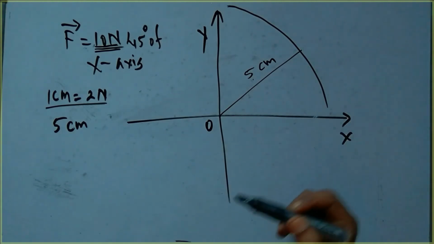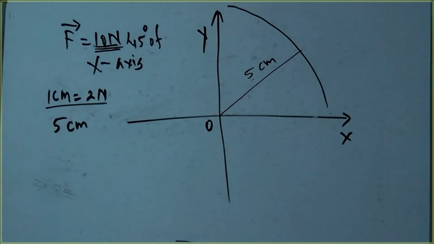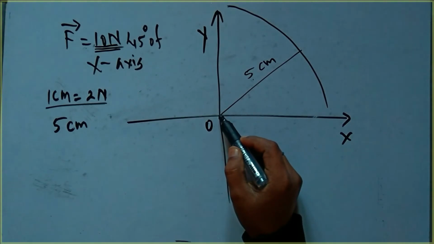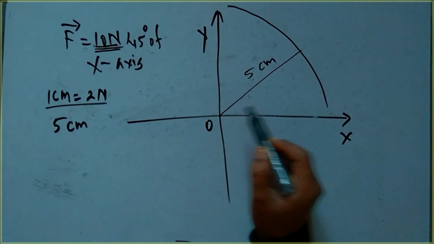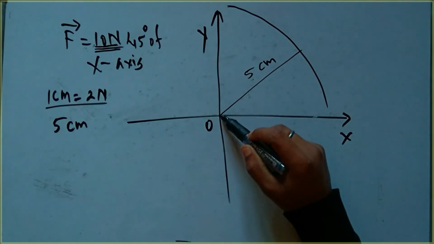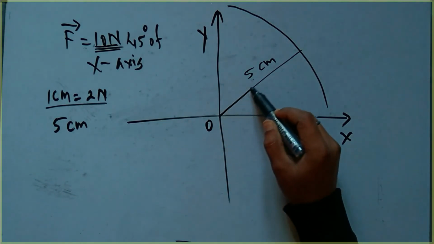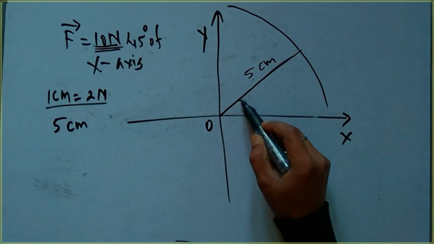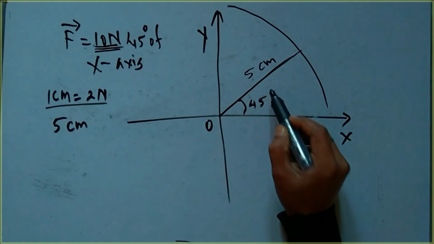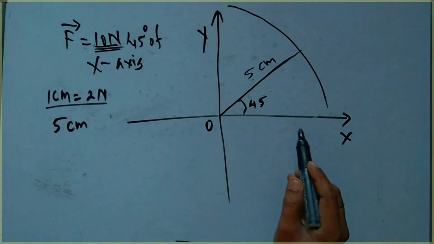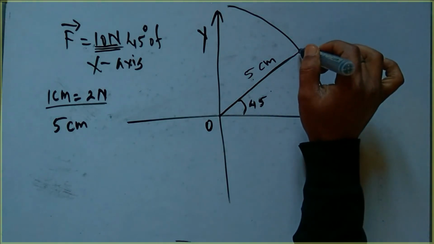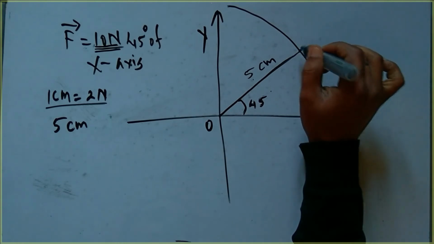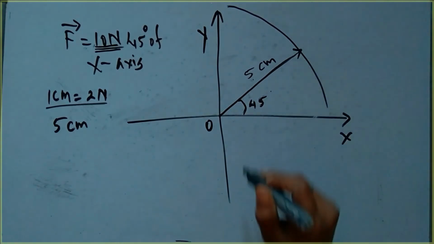Now we need a direction. We'll keep the center of the protractor here. I will measure 45 degree from x-axis. From this point, this being 45 degree from x-axis, we touch the arc at a point. This point is the head of the vector.